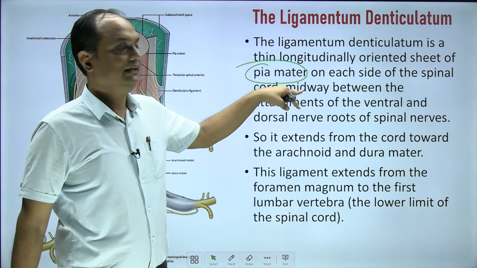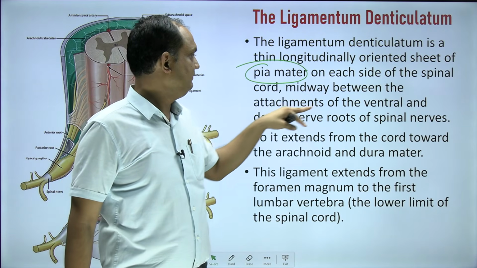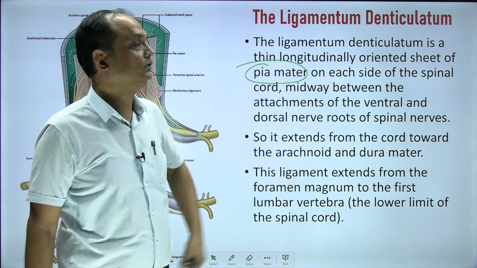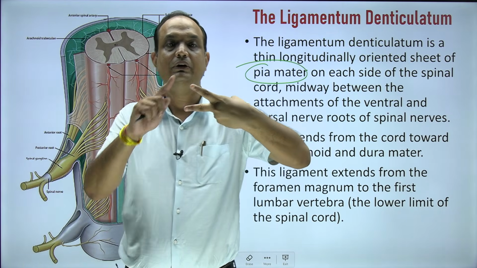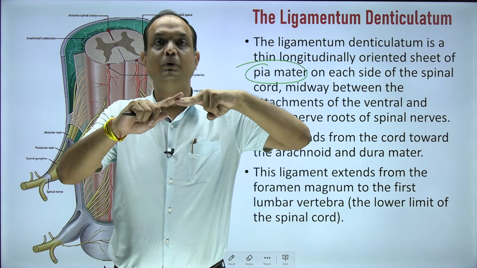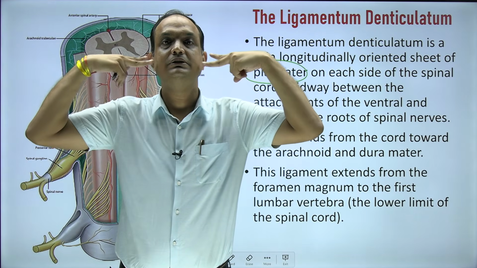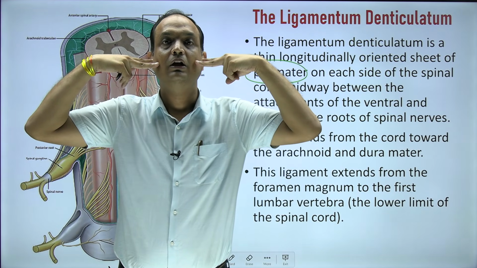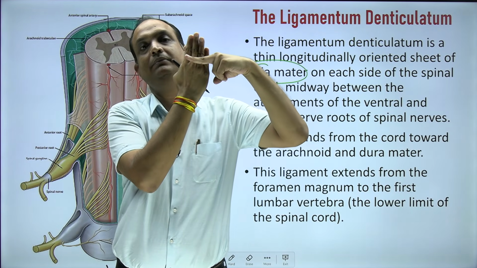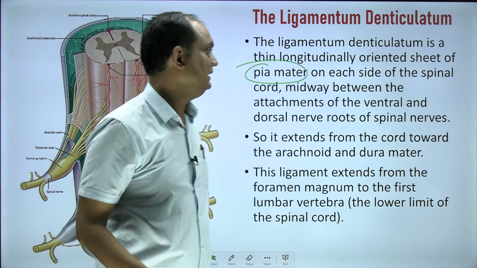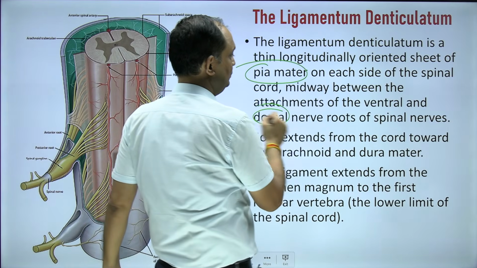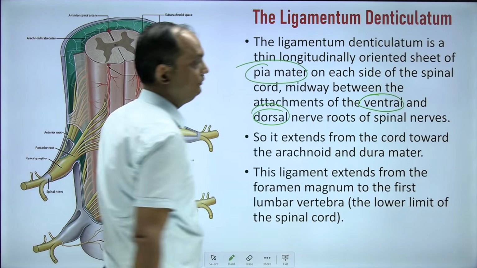Now the second thing is that it lies midway between the attachment of the ventral and dorsal nerve roots. Now you know that there are two roots of the spinal nerve, ventral and dorsal. So if you have the spinal nerves attached here on the spinal cord, you will have the ligamentum denticulatum between these two roots, clear? So they lie between the dorsal root and the ventral root of the spinal nerve.